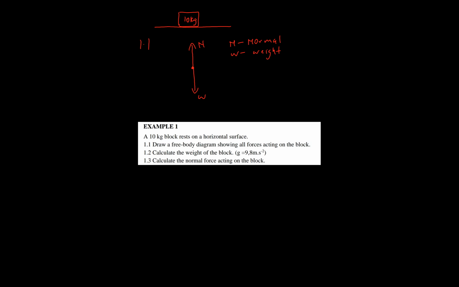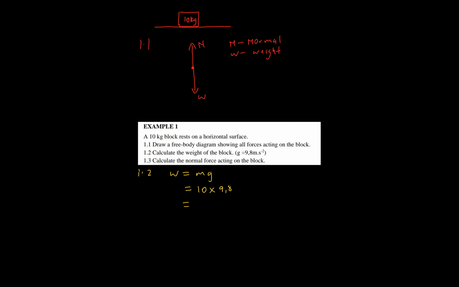Now let us proceed to the next question. It says calculate the weight of the block. g is equal to 9.8, that is the acceleration due to gravity on Earth. So weight is equal to mg. We are told that the mass of the block is 10 kg and the acceleration is 9.8.